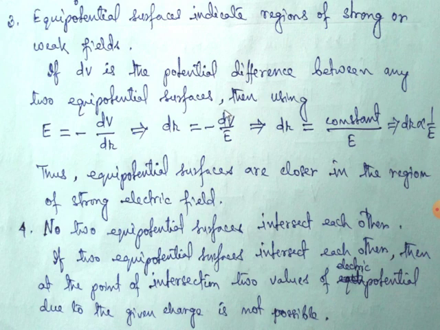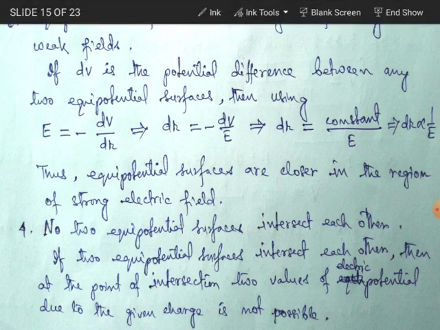Okay, so let me draw it and explain. Suppose you are taking two equipotential surfaces like this, equipotential surface 1 and equipotential surface 2.